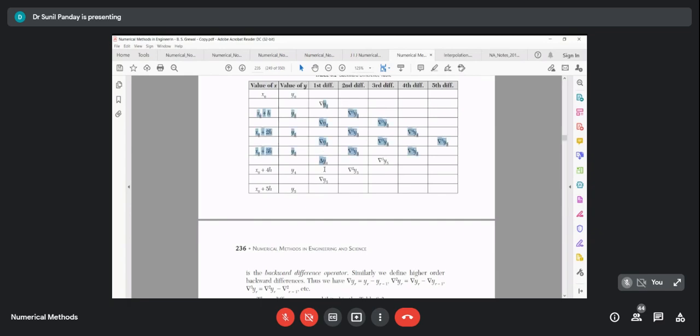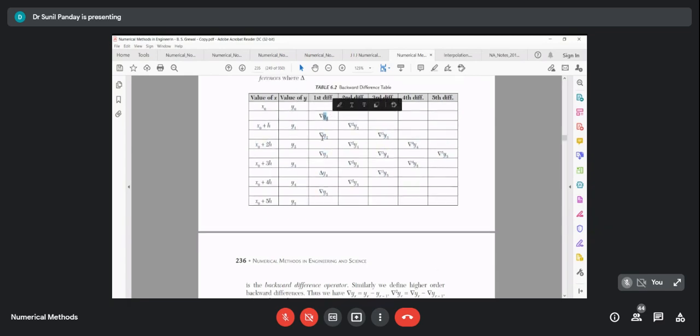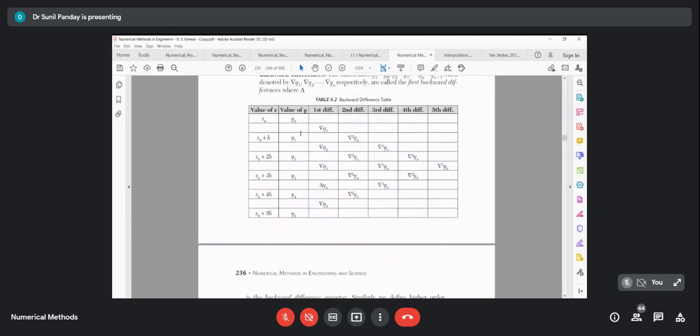So the value will be the same, but their interpretation is changed, because earlier I was writing delta of y0. Now I am writing nabla of y1, and the values I am calculating in the same way, y1 minus y0. Similarly, in the backward difference table, these values are important to us.